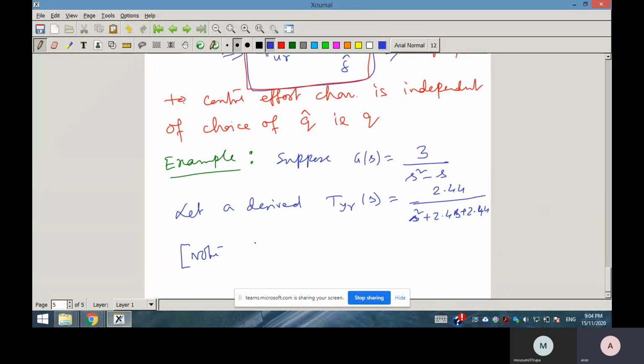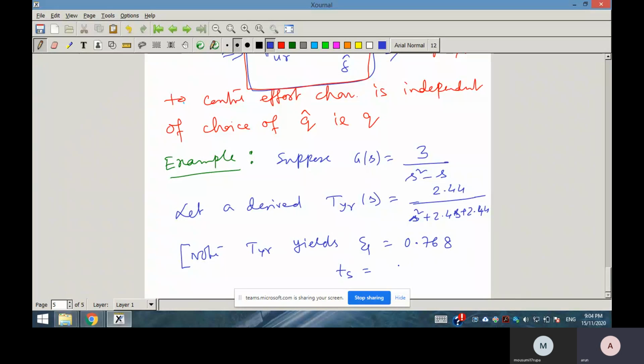Note that with this transfer function T_YR, you can easily verify that zeta equals 0.768, which is a very good design value as far as the system response is concerned. And the settling time is how much?